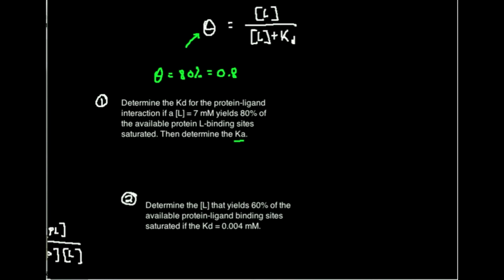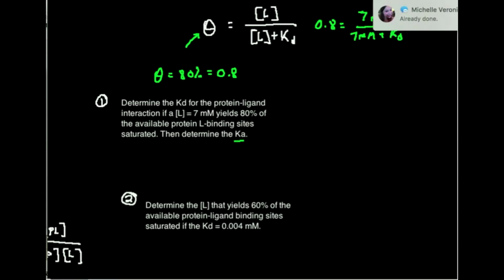All right, so here's what we can do. Let's say theta is going to be 0.8. This is going to be equal to the ligand concentration, which we just said was 7 millimolar, divided by 7 millimolar plus the KD, which is what we're trying to determine.